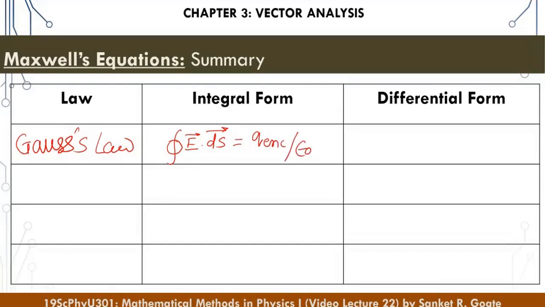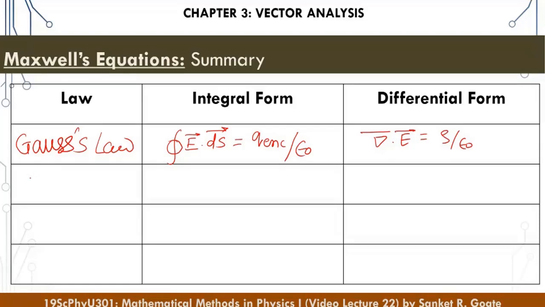Its differential form is del dot E is equal to rho by epsilon 0, where rho is the charge density at any given point. So we consider this divergence of electric field at any given point, and rho is the charge density at the point where we are calculating the divergence.